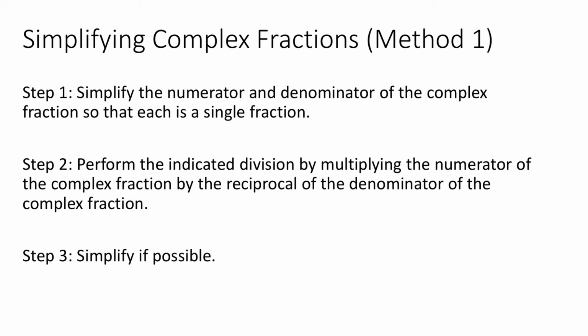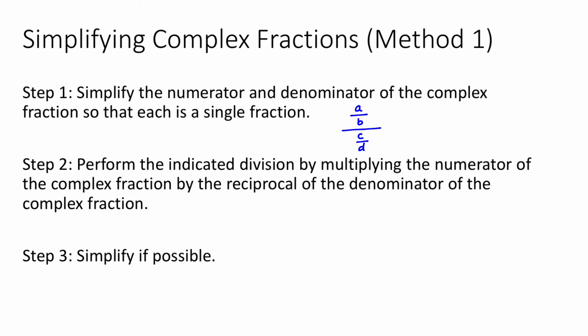Then in step two, we're going to perform the indicated division by multiplying the numerator of the complex fraction by the reciprocal of the denominator of the complex fraction. So basically, in step one, we made it so that you have one fraction on top and one fraction on the bottom.